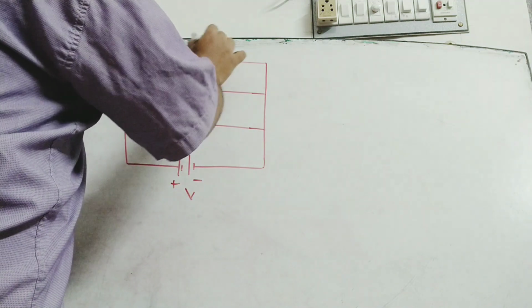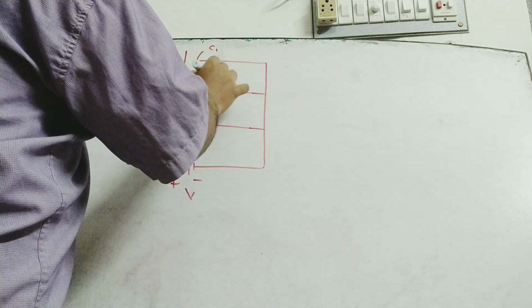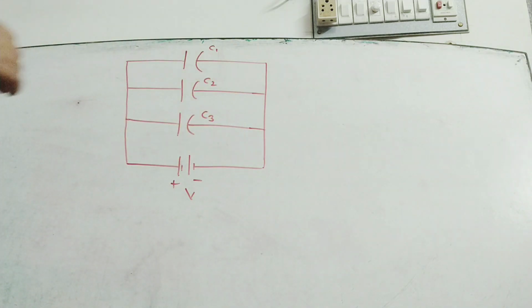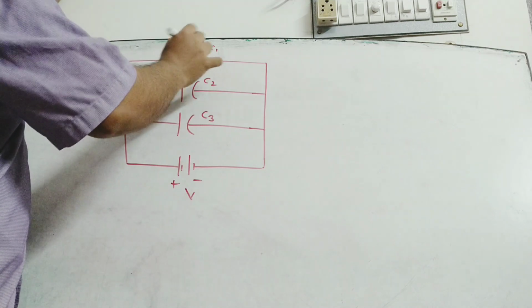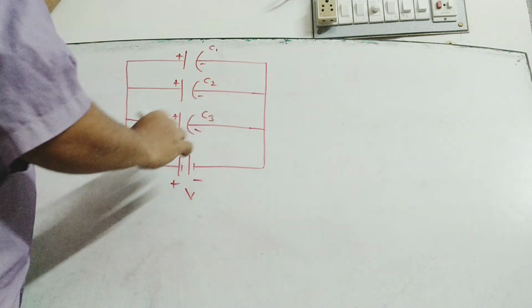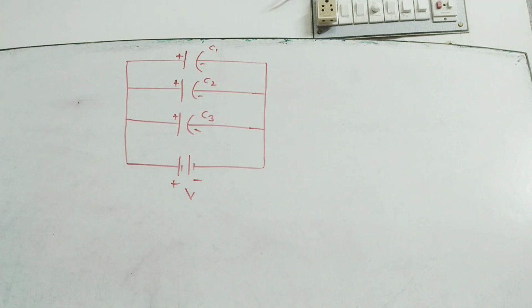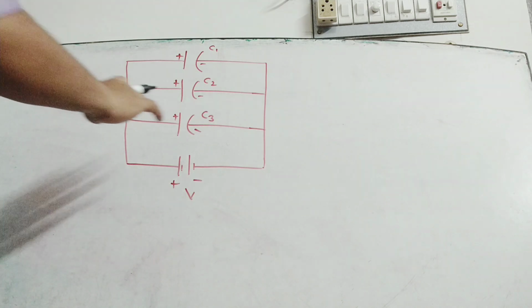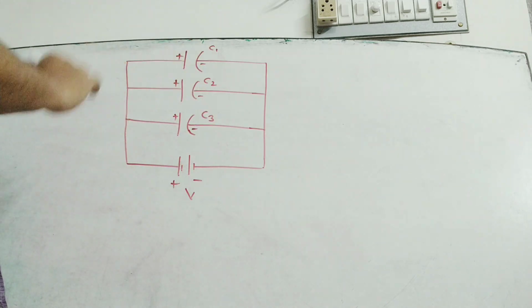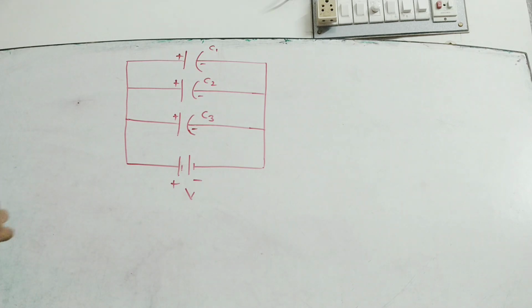Let us consider three capacitors having capacitance C1, C2 and C3 connected in parallel with a cell having potential difference V. Since these capacitors are connected in parallel, the potential difference between two plates of each capacitor is the same.